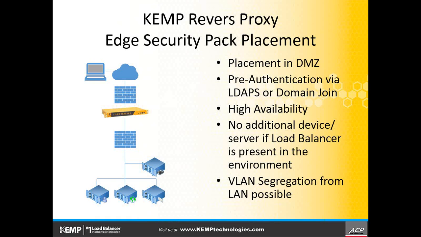We can use pre-authentication, as I said. It's a very important feature. We have the high availability included with the load balancer. So if we have a second load balancer in place, we just join both load balancers to one array, and then the configuration is easily and automatically published to the second system, which is then responsible for failovers.